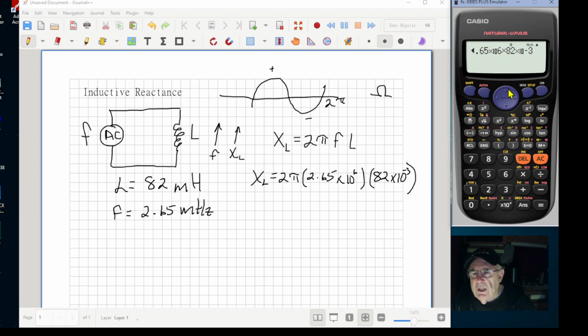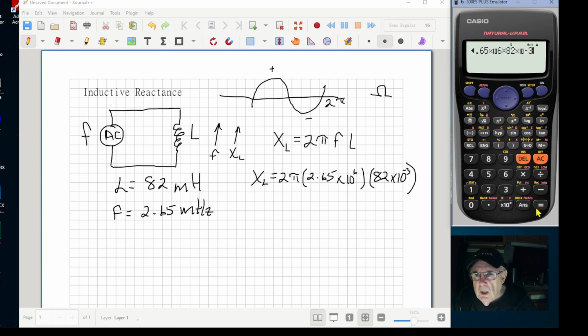Now when you enter this in, don't use the subtraction key. If you have a scientific calculator, undoubtedly it has a change sign key. Most of the current calculators use this negative between two parentheses. Sometimes you see it as a plus minus.